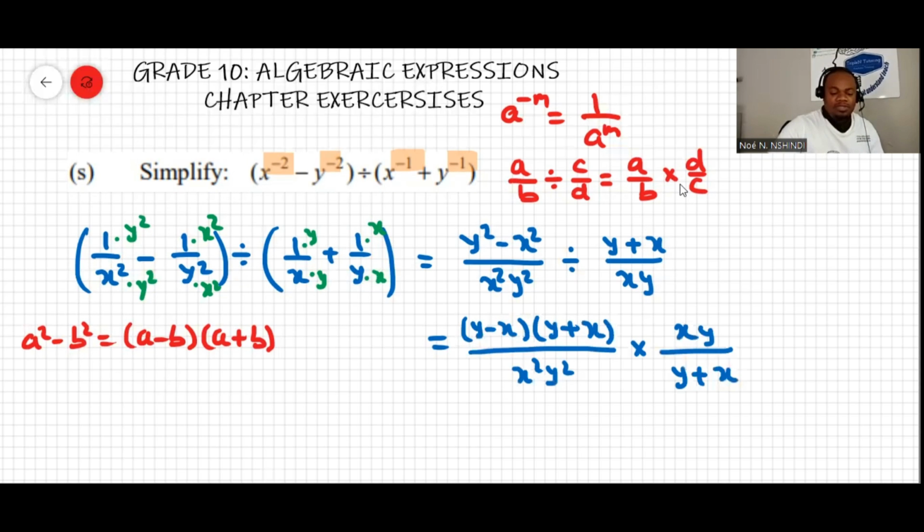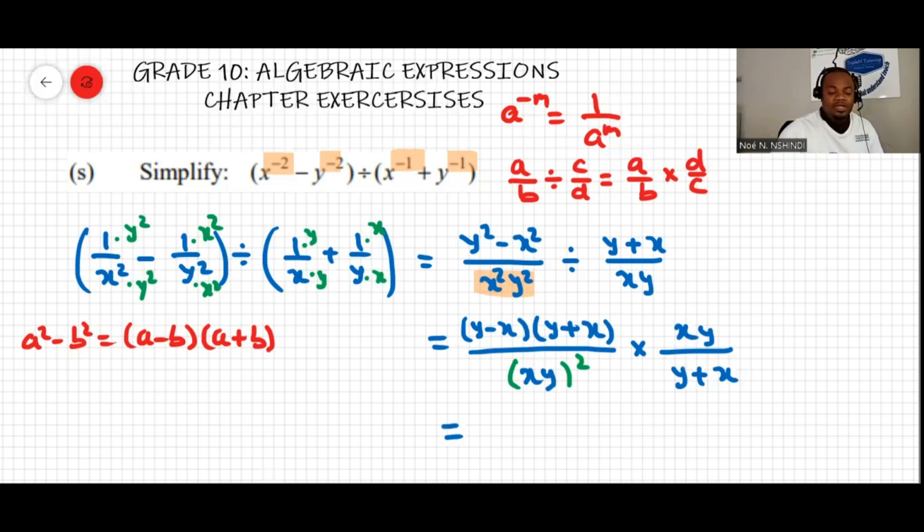Now, I want you to notice here x squared and y squared have the same exponent, so we can combine them by writing the power of 2 there, and then in the bracket I write xy. We can do that, and then now let's simplify.